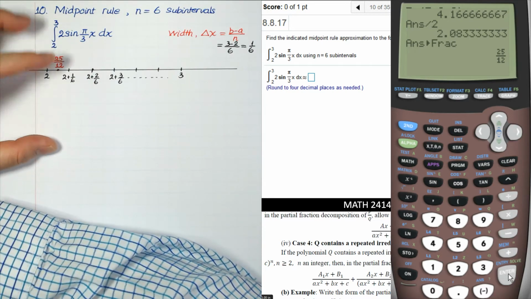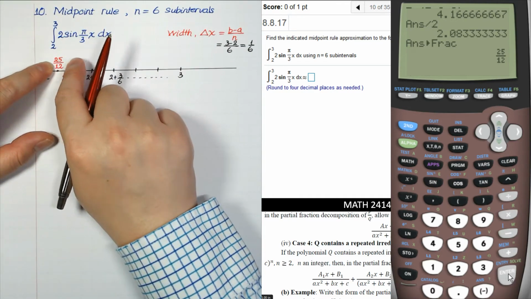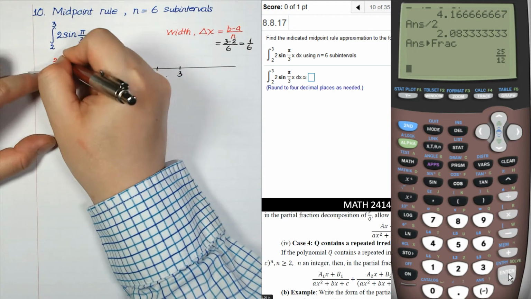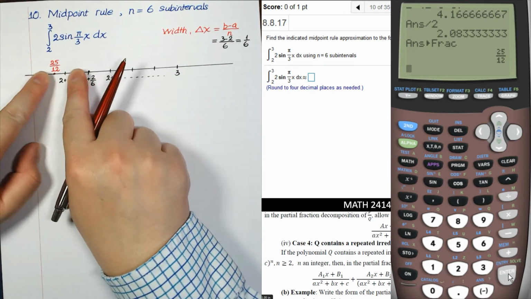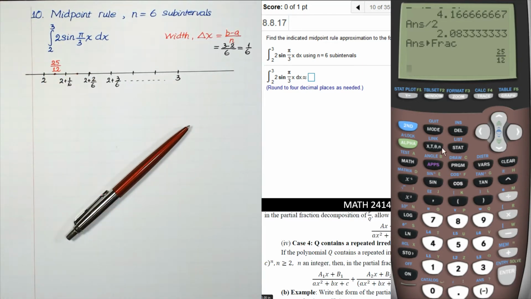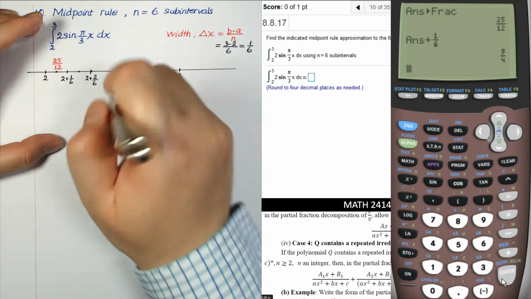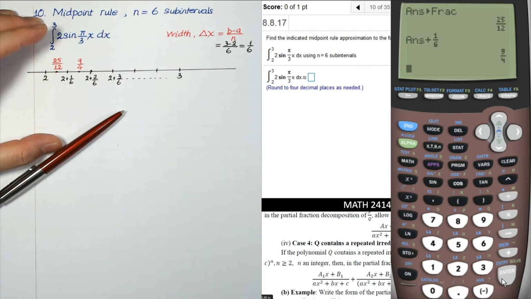Now the nice thing about this is, since the width is 1/6, we just add 1/6 to this, because the distance between the midpoints will be the same as between the sample points. So I just add 1 over 6. It turned out to be very nice, 9 over 4.